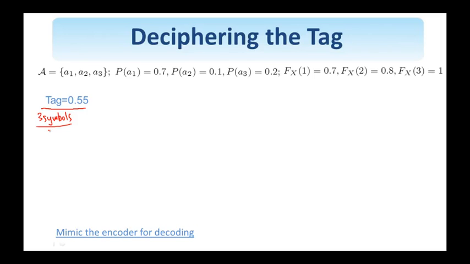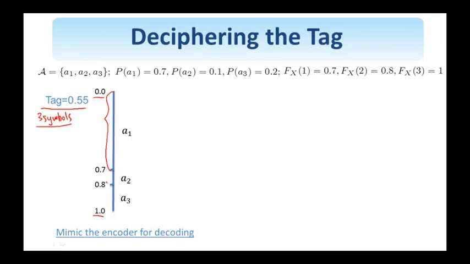So we take this information about the source, we take the segment between 0 and 1 and subdivide it proportionally as we did before. Now, clearly the tag resides in this interval. If you recall the steps we followed while encoding, the first observed symbol sets the stage in some sense for where the tag is going to belong.